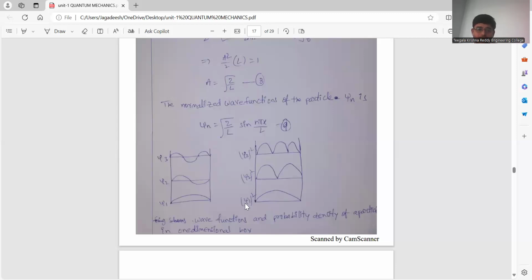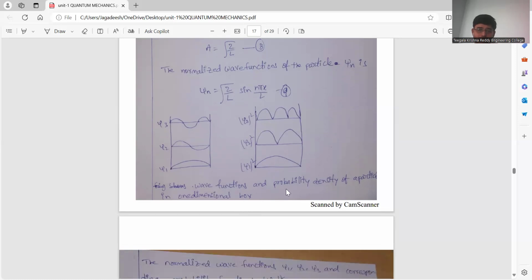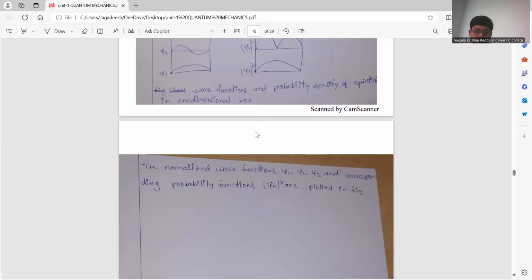We write the wave function and probability density of the particle in one dimension like this. The probability density is psi star psi, or mod psi square. This is level 1, this is 2, this is 3.